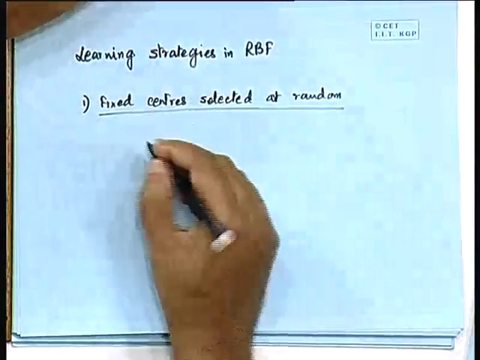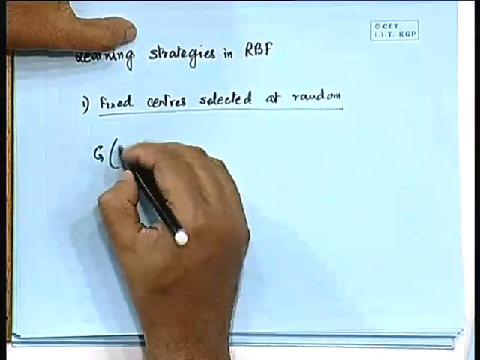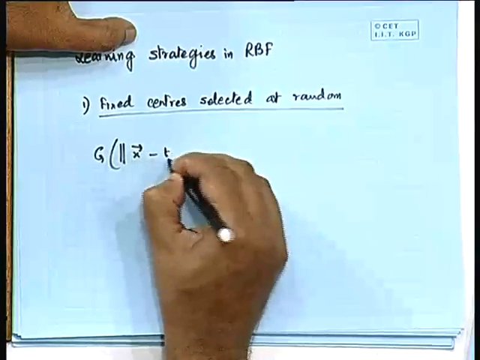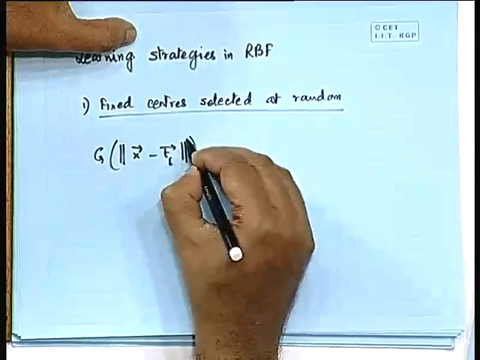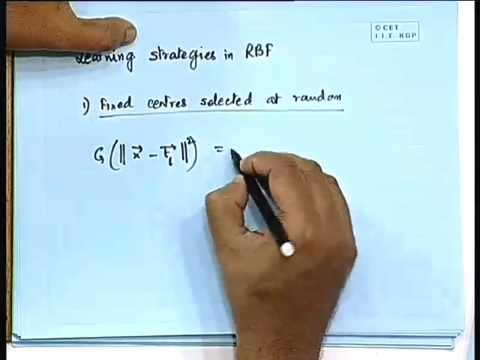If we adopt this strategy, fixed centers selected at random, what we do is that we choose the function g of, as argument, we take the vector x minus ti, squared.